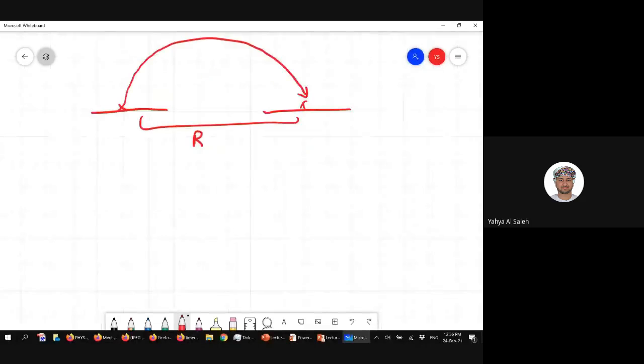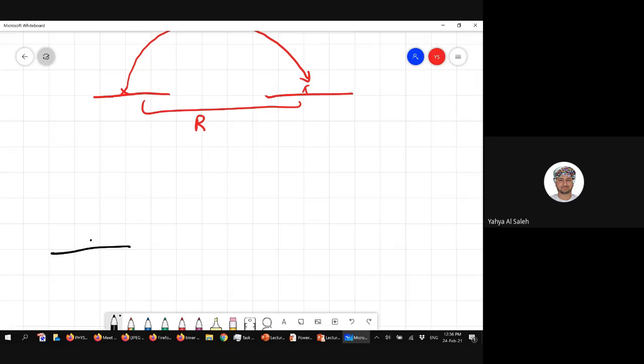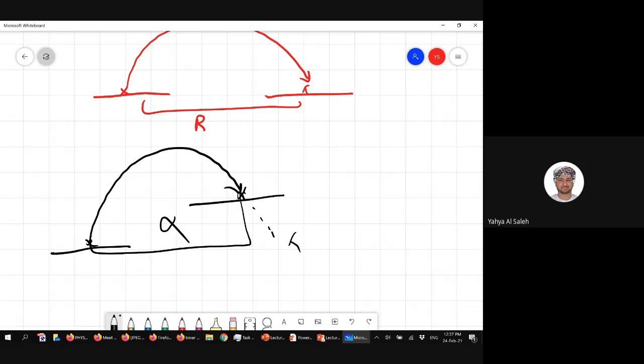Here's a question. If I start from here and I throw something on top of a wall, can I use that equation? No, they are on different levels. It will not give me this, it will give me this distance. So it will give me an extra amount d.